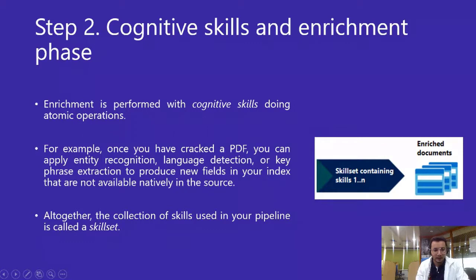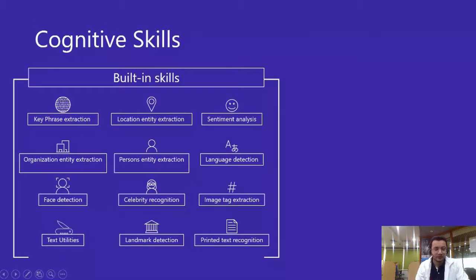In the pipeline, after all these skills are performed, the results can be stored in a skill set, and that skill set can be reused. There are built-in skill sets, and you can reuse your custom trained skill sets or models. There are built-in skills like key phrase extraction, location entity extraction, and sentiment analysis, which is what I was focusing on in the previous slide.